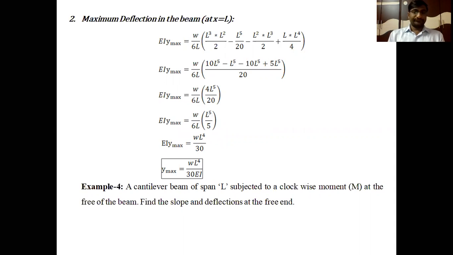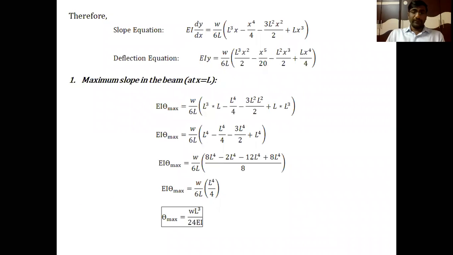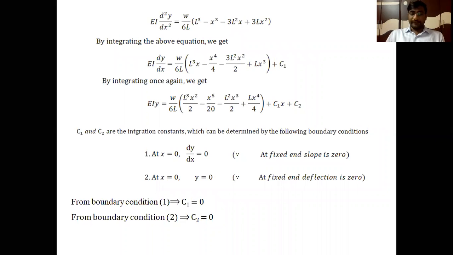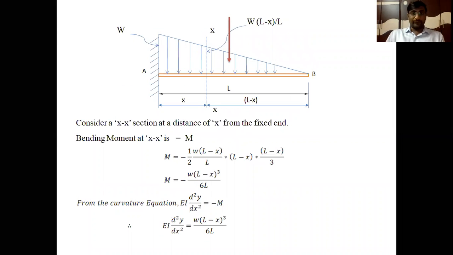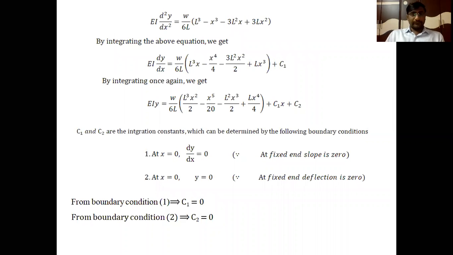Clear, students? Like this, you have to find the slope and deflections in the double integration method, whatever the beam and loads given in the problem. The procedure is the same for every problem. First of all, we have to take the XX section and find the moment at the XX section. Then substitute that moment value in the curvature equation and integrate twice.